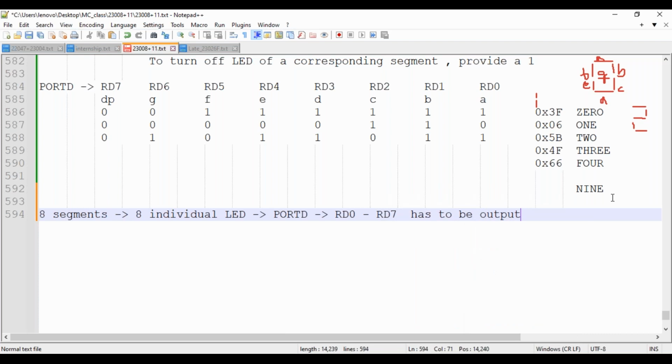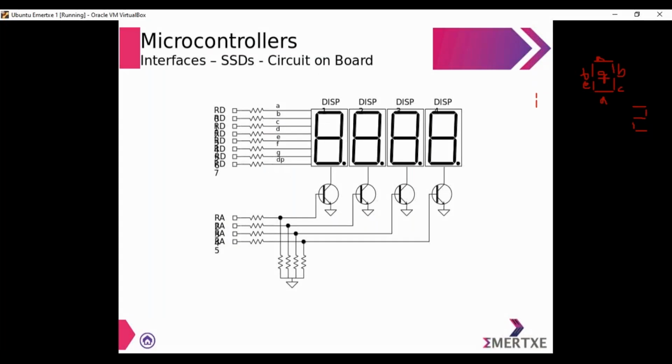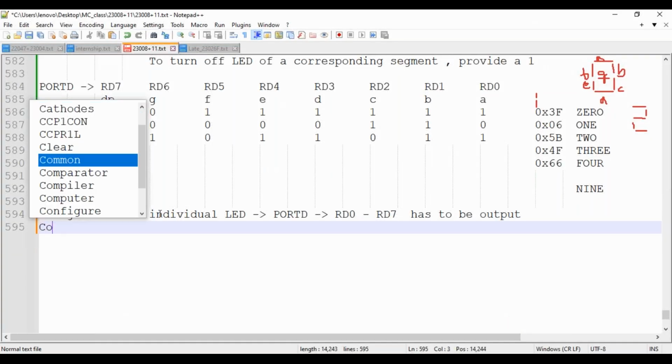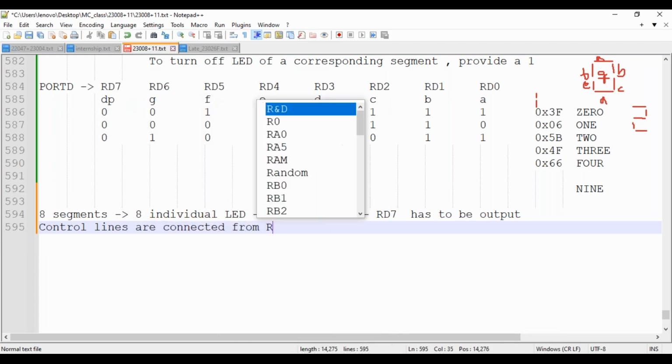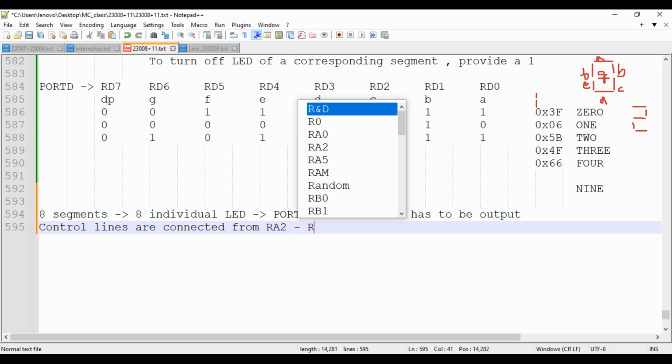Now similarly, the control lines are connected from RA2 to RA5.